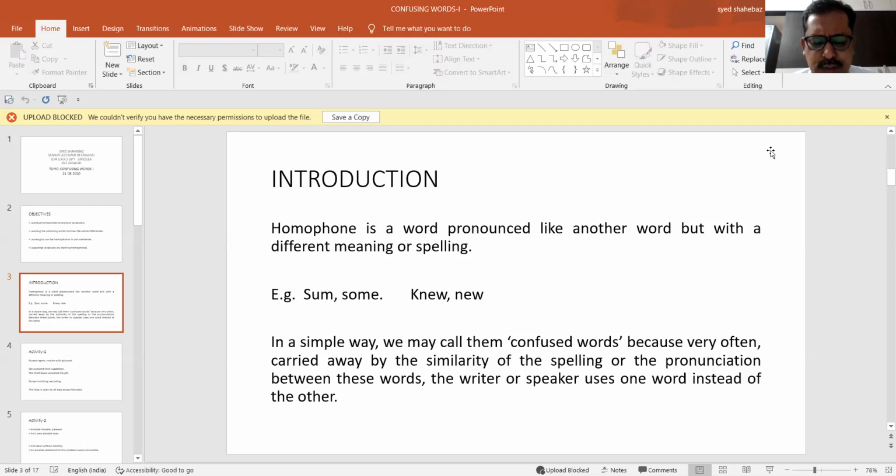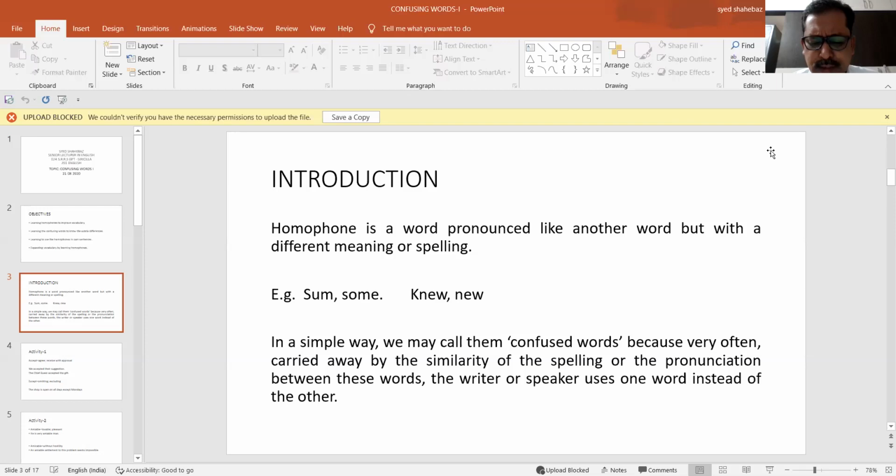The dictionary gives the example some, S-O-M-E, some, S-U-M, sum. New, K-N-E-W, knew. N-E-W, new.